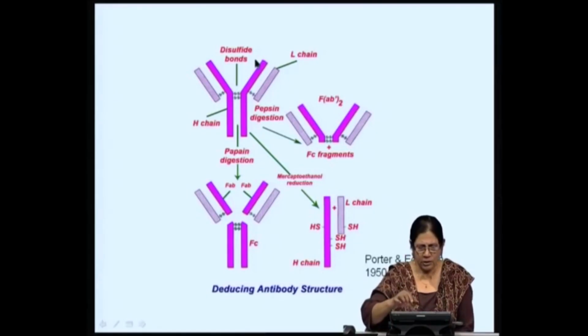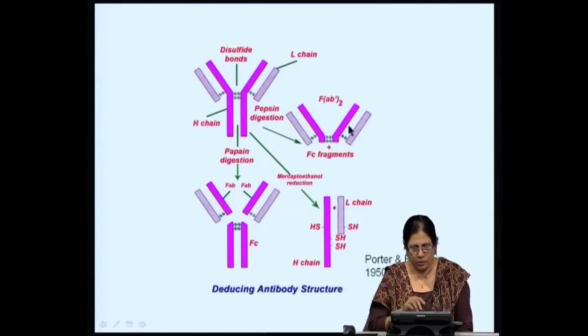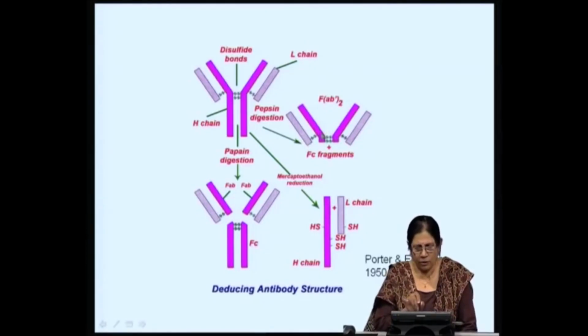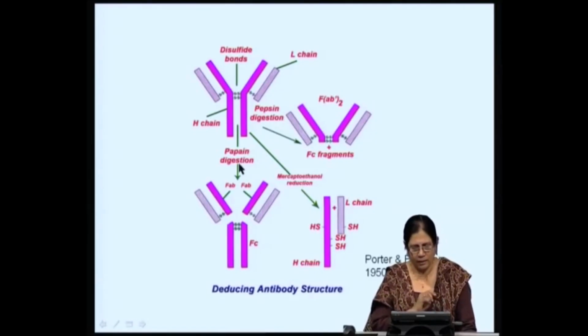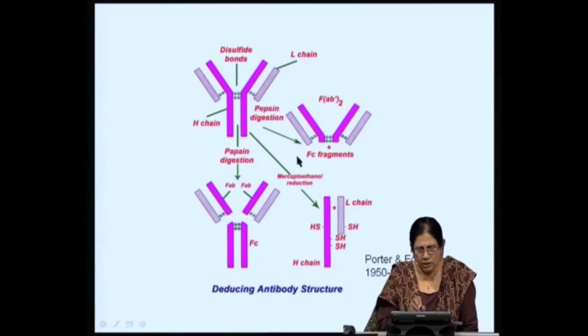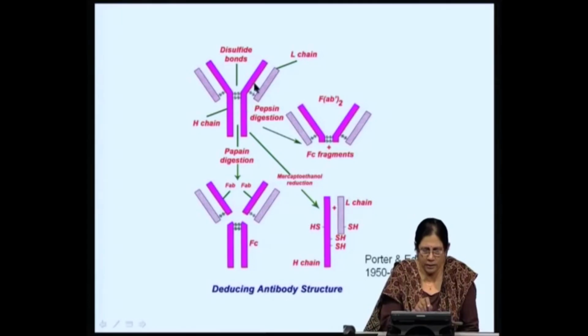Now, in addition to these experiments, they were also digesting the proteins with different enzymes, and they were able to come to a good conclusion with respect to the structure by digesting the molecule with pepsin or papain. Interestingly, pepsin digestion attacks the site on the immunoglobulin molecule which is after the disulfide bonds which hold the heavy chains together.